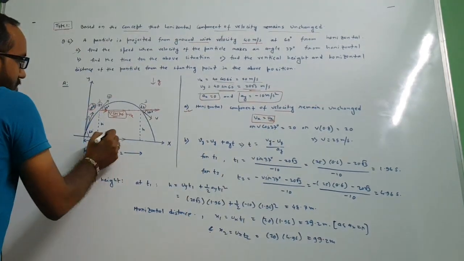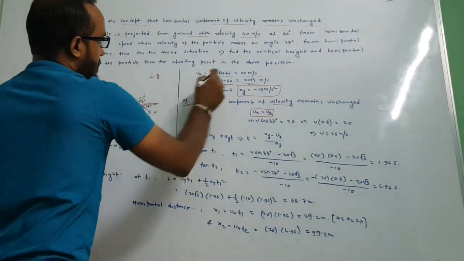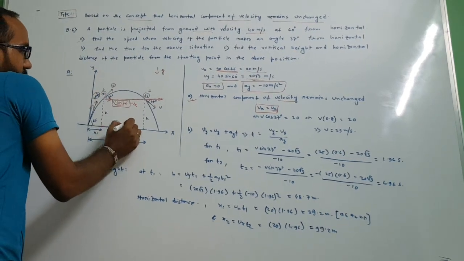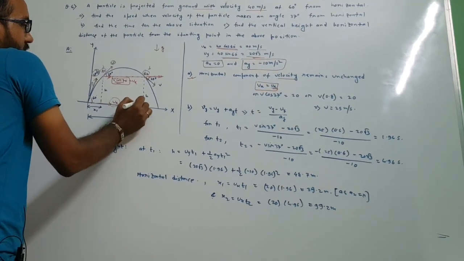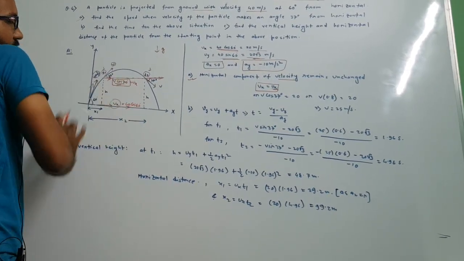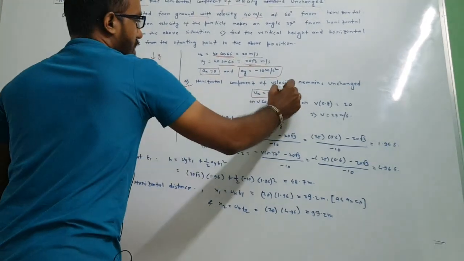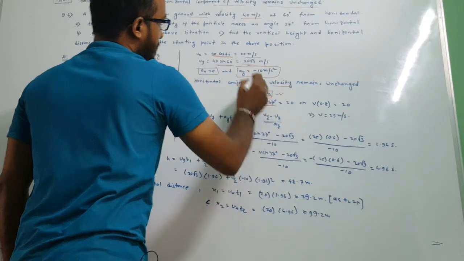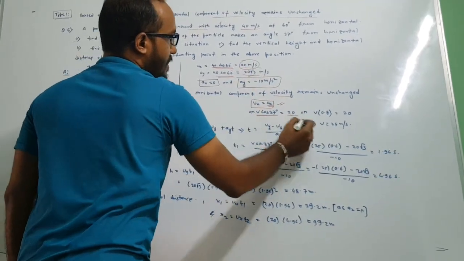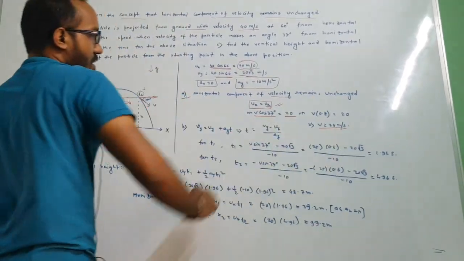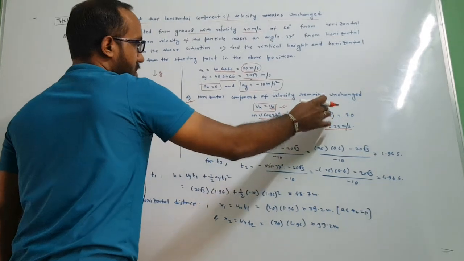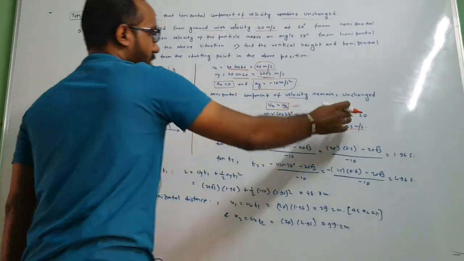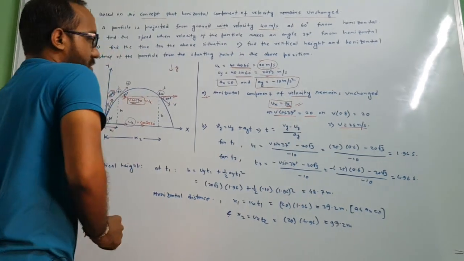Now what is Ux? Ux is 40 cos 60 degree, that is 20. So V cos 37 degree equals 20. Because cos 37 is 4 by 5, so 0.8, after calculation you will get V equals 25 meter per second.